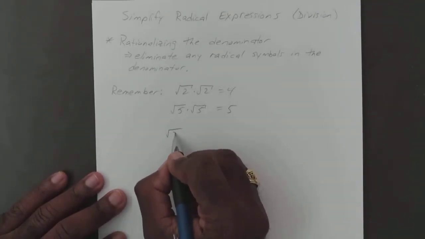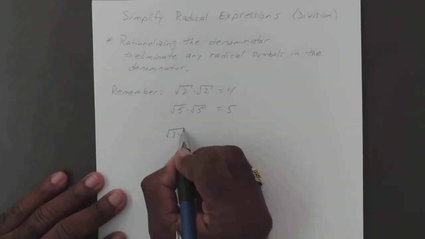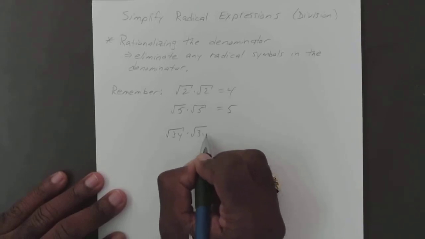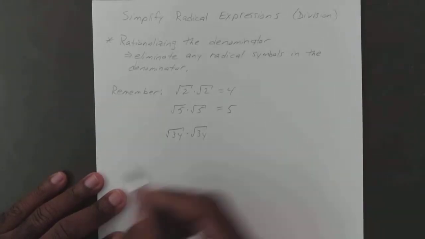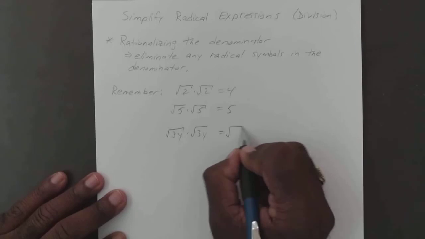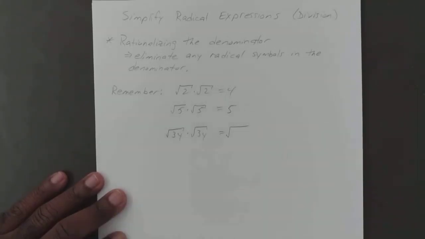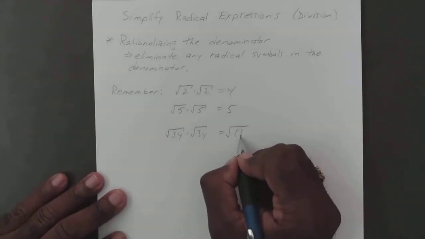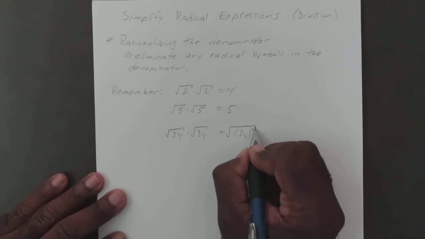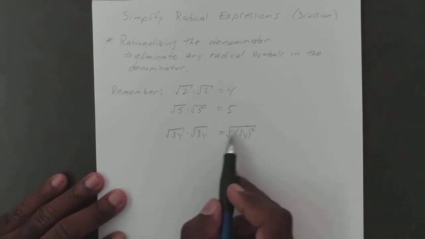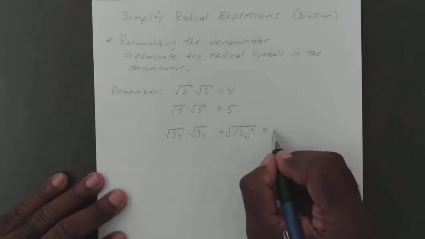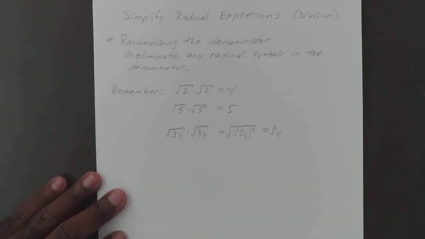Or if you have square root of 3y times square root of 3y, once you multiply those two together, that's the square root of 3y squared, and the index cancels out, so you end up with just 3y.